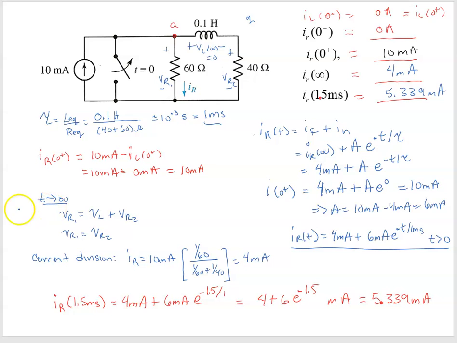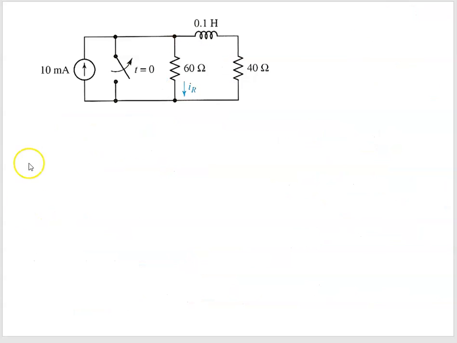So we should always graph that. Let's graph that here on the next page. We have our current, and we'll do our time in milliseconds, and we have our IR at t less than 0. Gotta go back and check what it was.